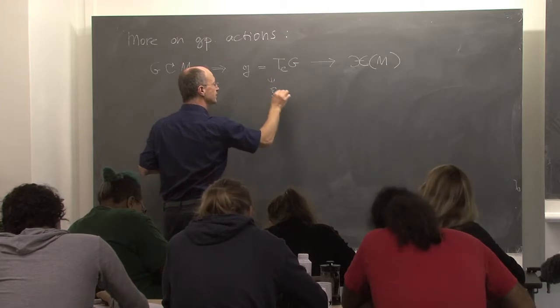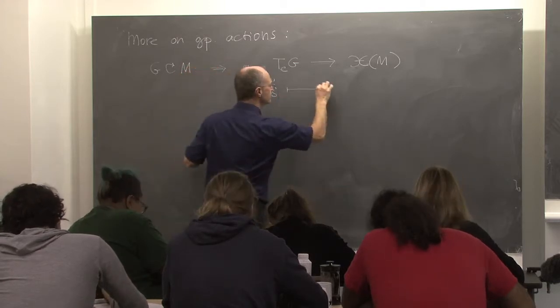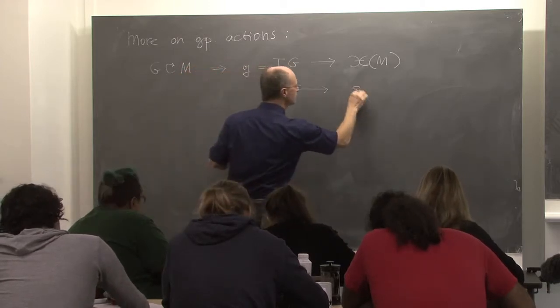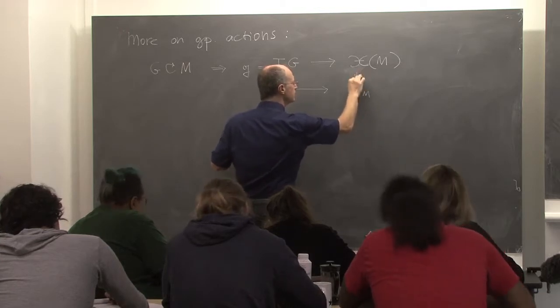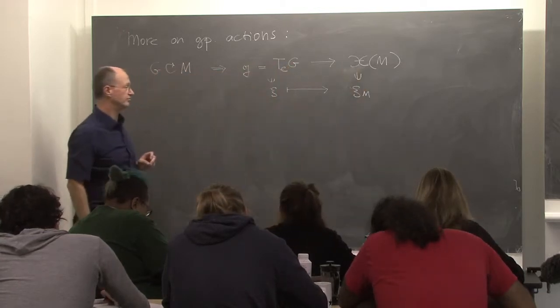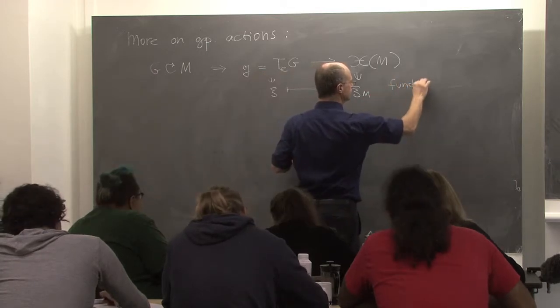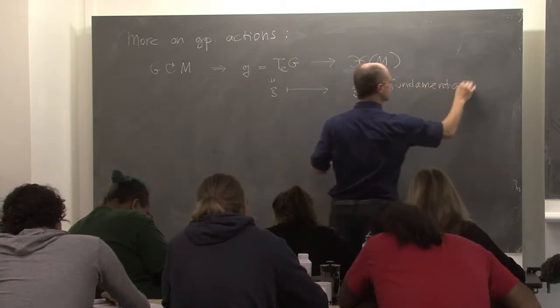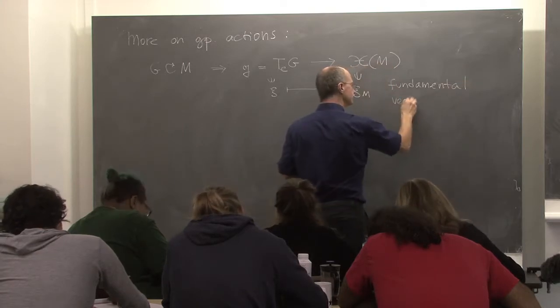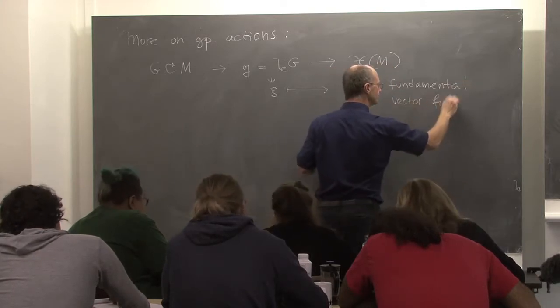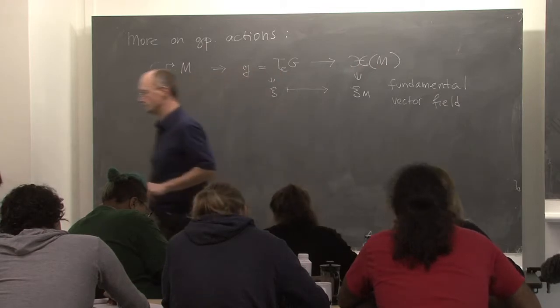We have an element of this vector space, and it is mapped to a vector field which is called the fundamental vector field.